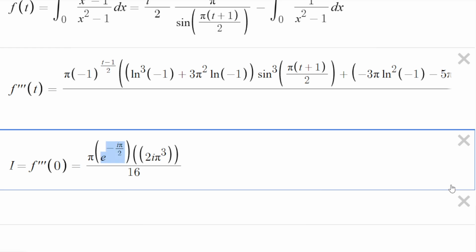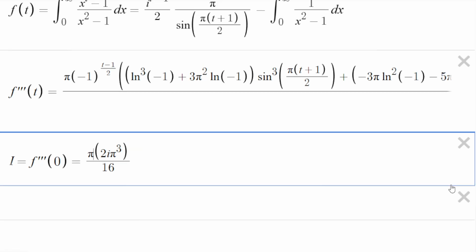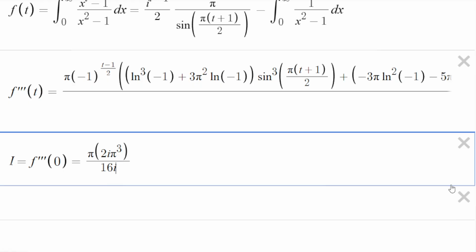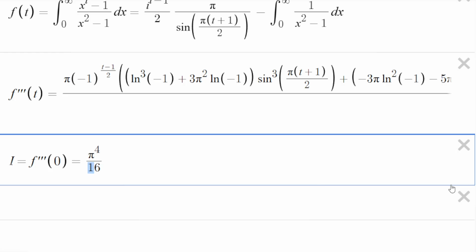Well, let's put that in the denominator as an e to the i pi over 2. e to the i pi over 2 is famously i. i cancels with i. This pi distributes to become a pi to the fourth, and this reduces to pi to the fourth over 8, and we are done.